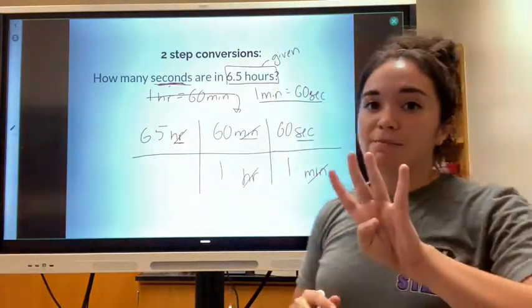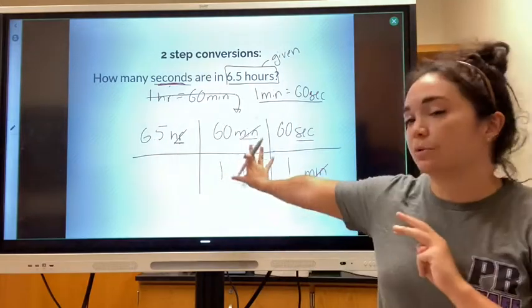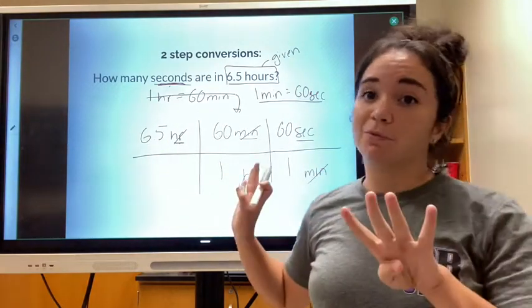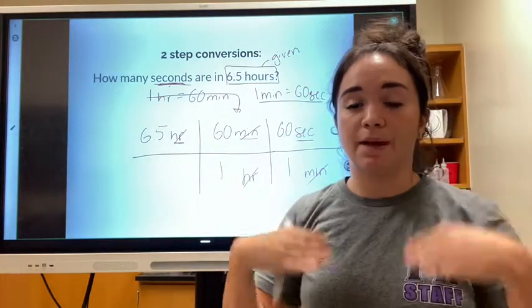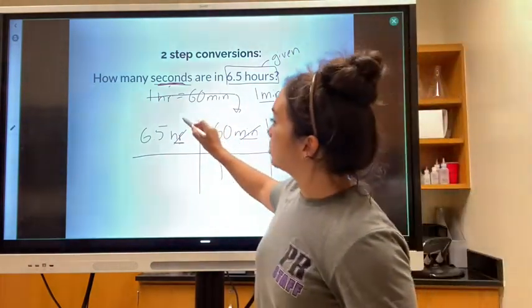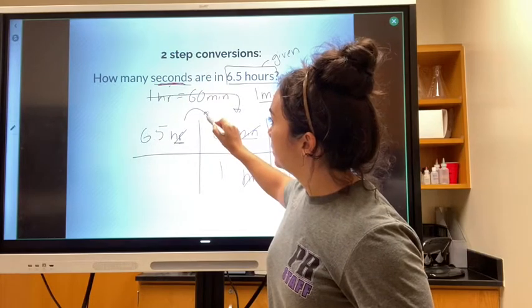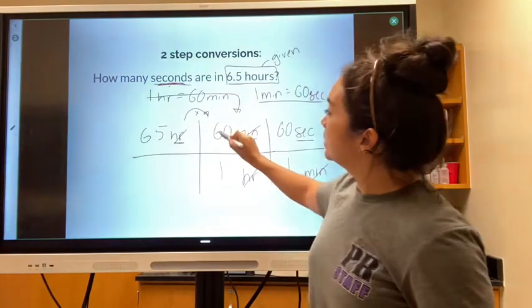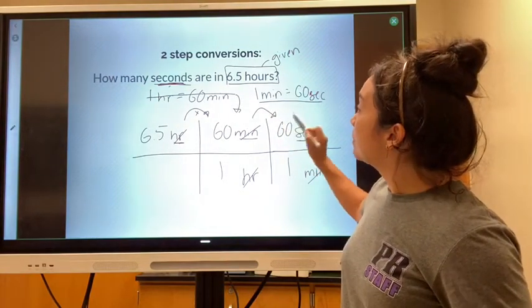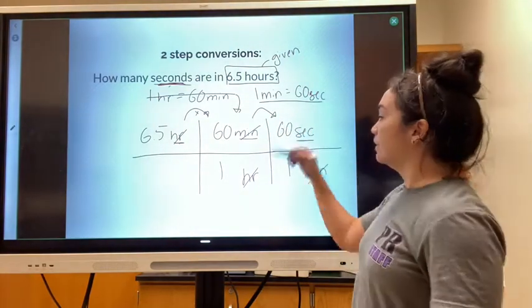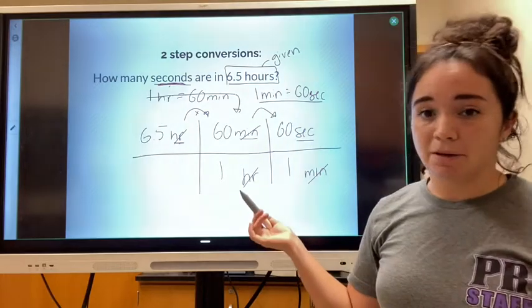So that last step, step 4, remember this was step 3, our T-chart is all the way set up. So step 4 is going to be multiply across the top, divide by the bottom. So we're going to multiply 6.5 times 60. Take that number, multiply it by 60, and then we're going to divide by whatever number's on the bottom.